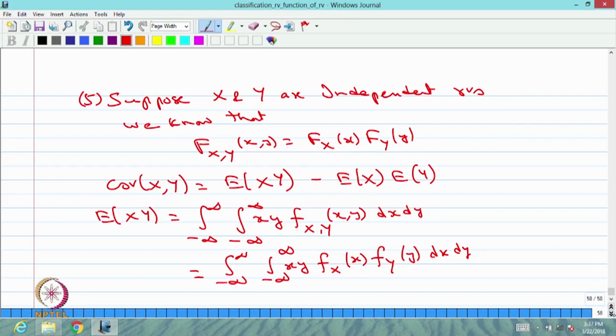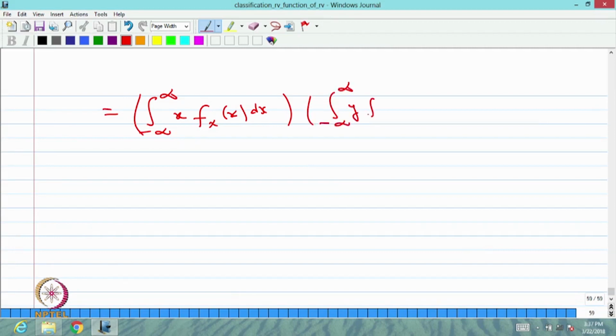Now the same double integration can be written as the integral of x times f of x dx multiplied by the integral of y times the probability density function of y with respect to y.